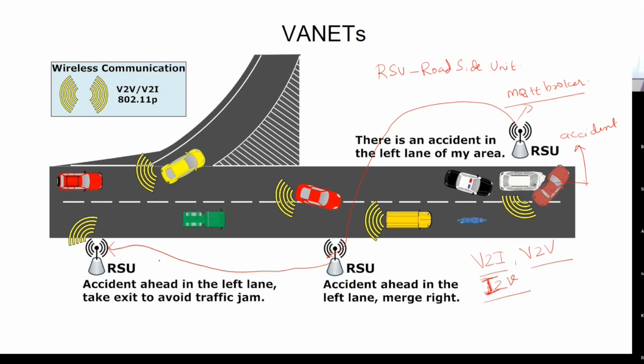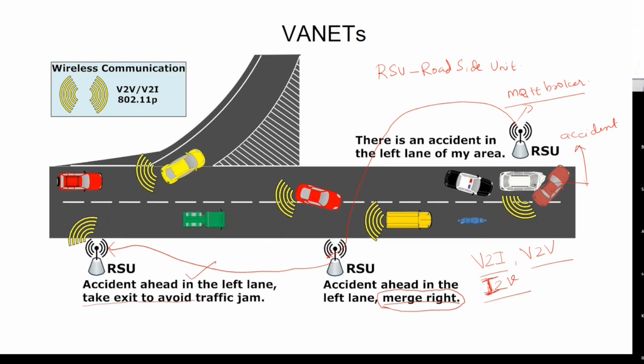Now this RSU tells the vehicles: accident ahead in the left lane, merge right. So this RSU is telling all of you to please move to the right side. Whereas this RSU says that because there is already an alternative route available: accident ahead in the left lane, take exit to avoid traffic jam.